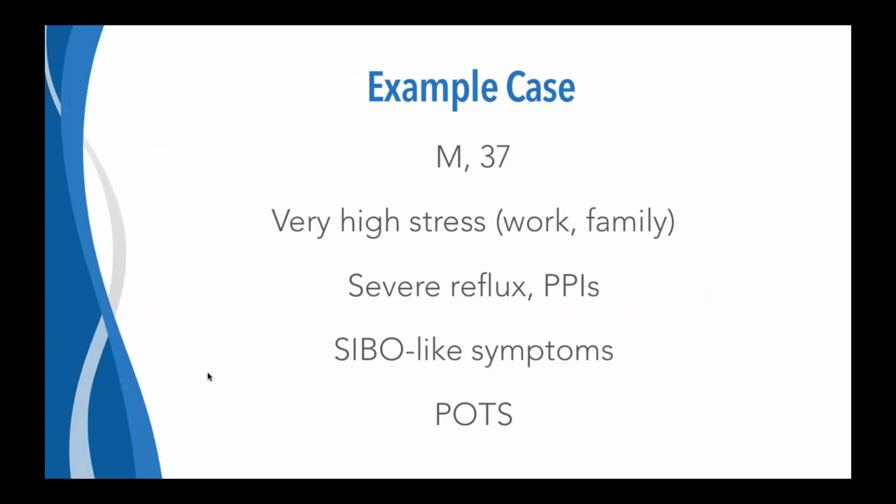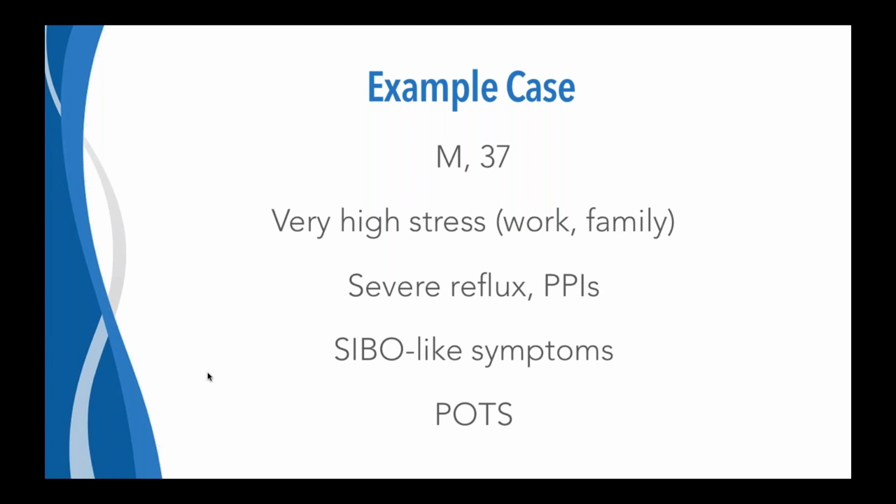All right, so with some of that research out of the way, to put some additional light around interpreting the results from the previous case, I want to talk about another case here. This is a 37-year-old male who owns his own business. He has very high work-related stress and also noted fairly high levels of family-related stress.